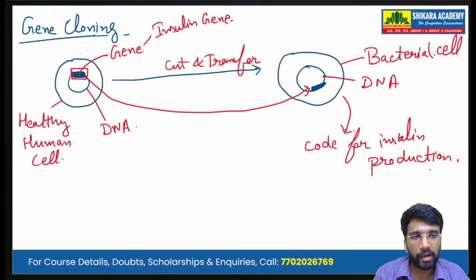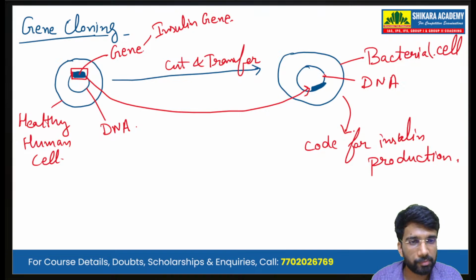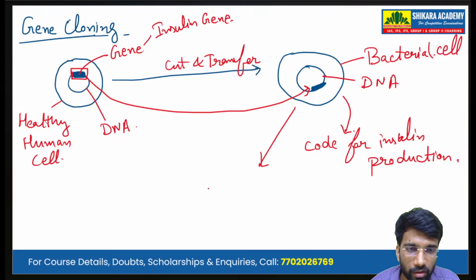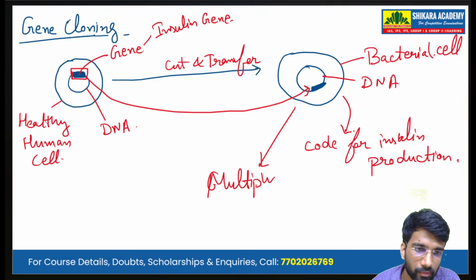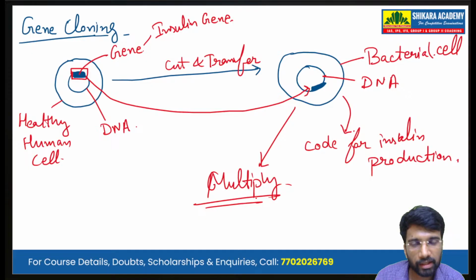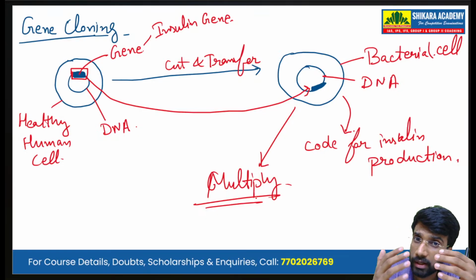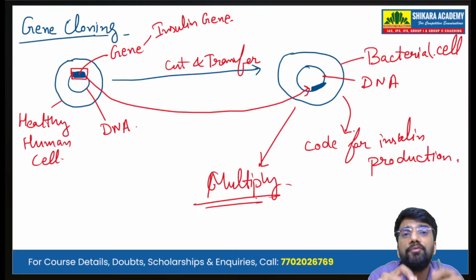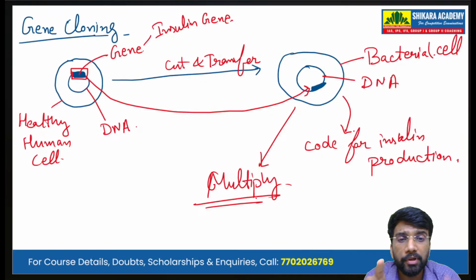So we allow this bacterial cell, with a copy of the gene in it, to multiply. Okay. So in a bacterial cell, we have introduced this human insulin gene, and we now let that bacteria multiply. If the bacteria is multiplying, that means we are getting more and more copies of this insulin gene.